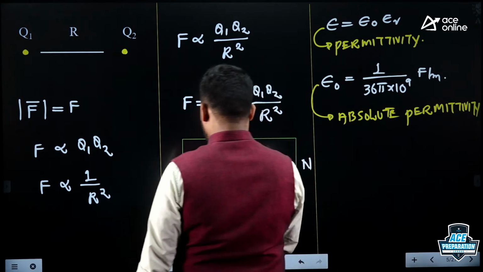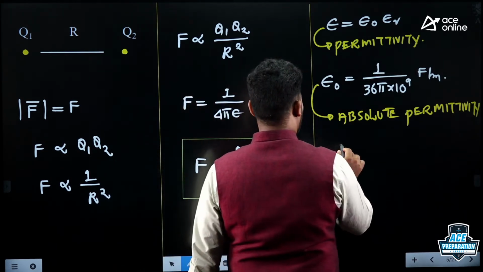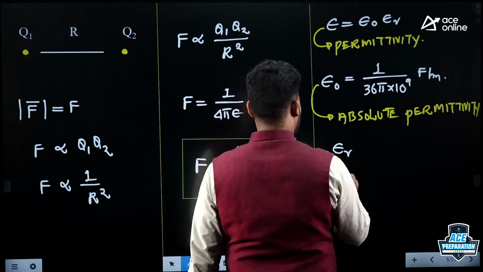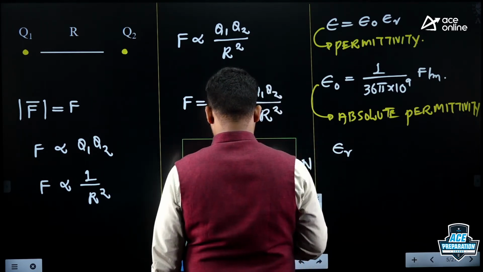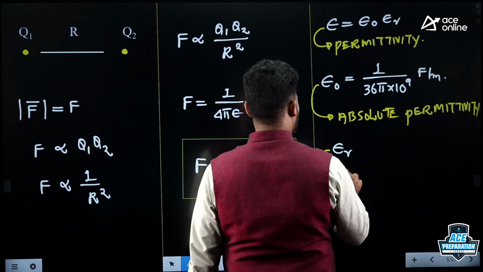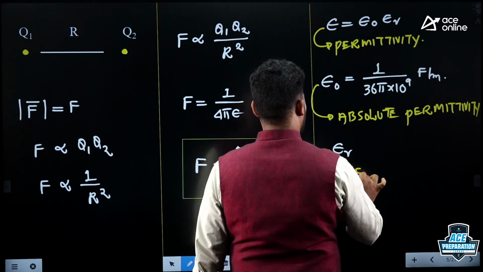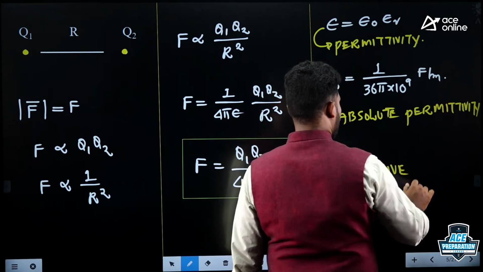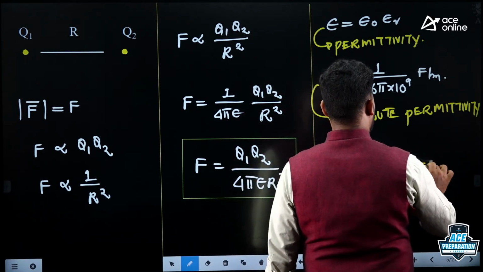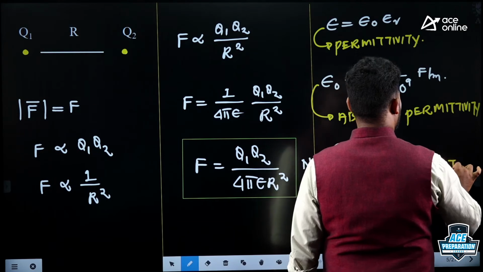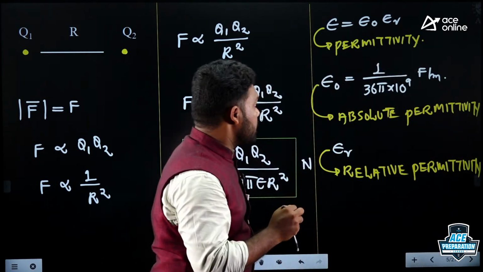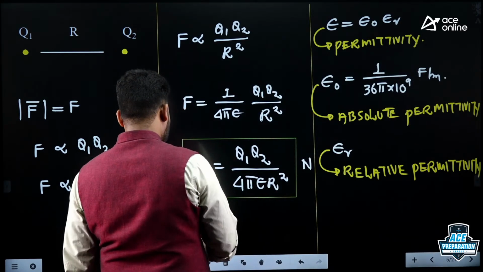Okay. And what is this epsilon r? This is called relative permittivity. And what is this epsilon r value?